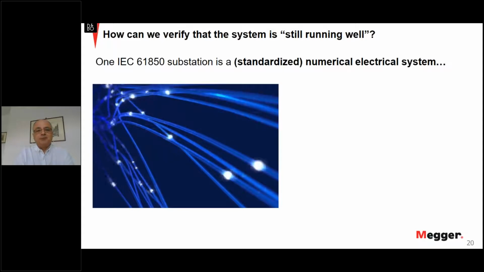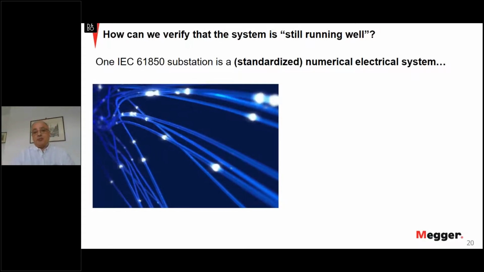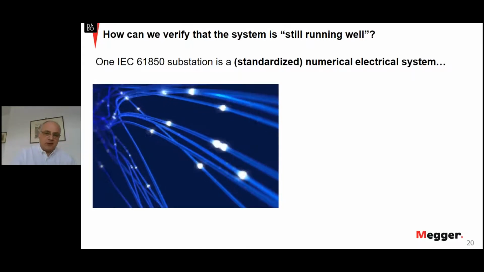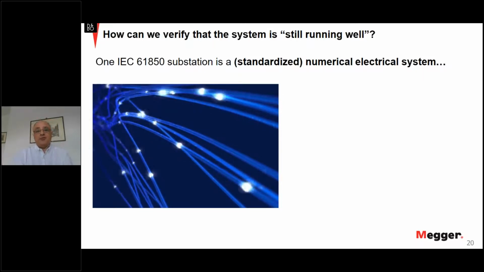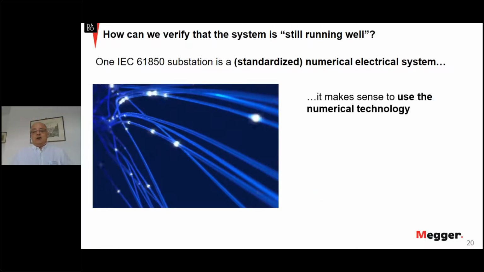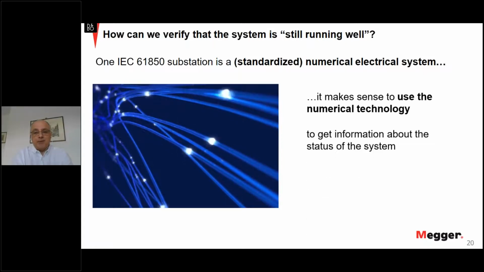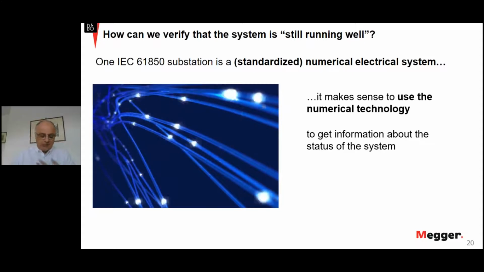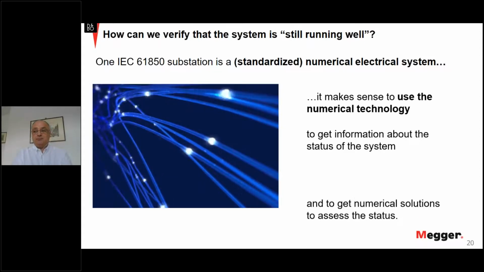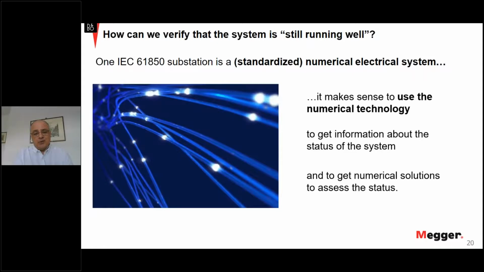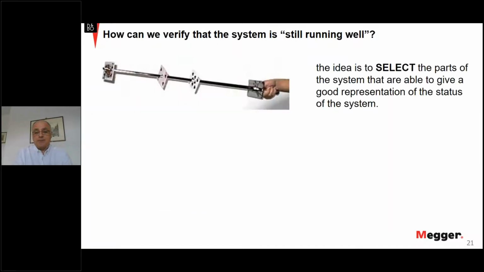Now, we have the 61850 substation, which in principle is a standardized numerical electrical system. What can we do to verify that the system is running well? So, maintenance. Well, if it is a numerical system, why don't we use numerical technology to get information numerically: reading data, communication about the state of the system, and numerical comparisons and algorithms to assess the status.